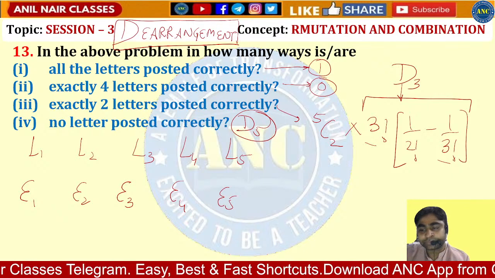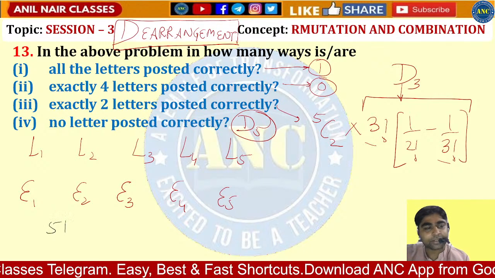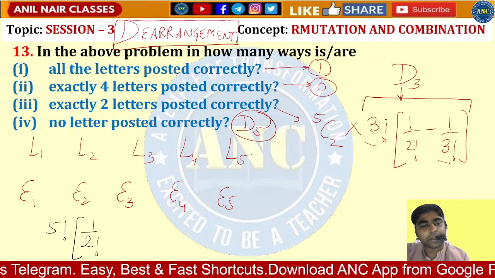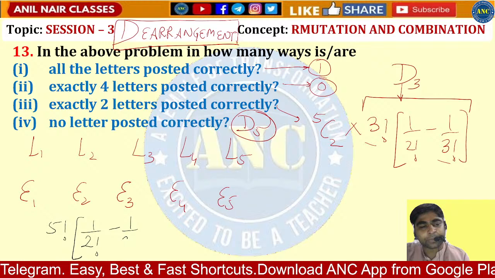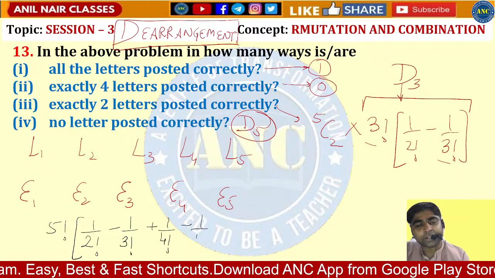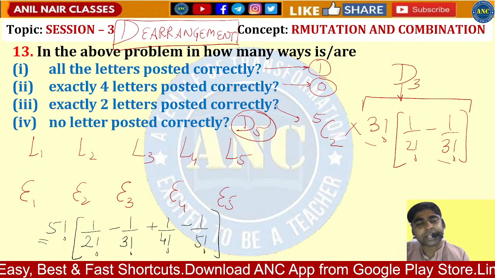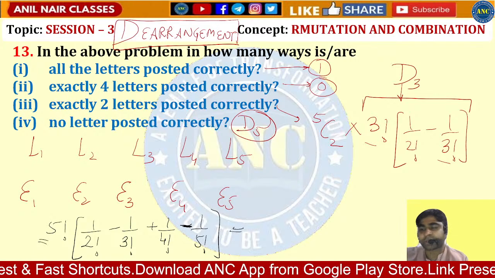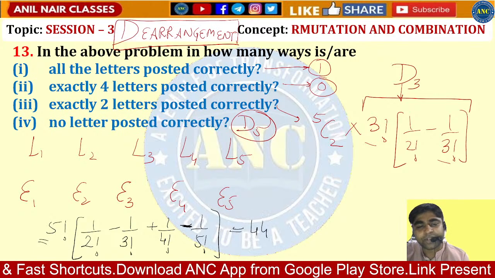That would be 5 factorial multiplied by 1 upon 2 factorial minus 1 upon 3 factorial plus 1 upon 4 factorial minus 1 upon 5 factorial. See, this was odd, so the last sign was negative. And this answer you should remember. What is derangement of 5? It is 44.